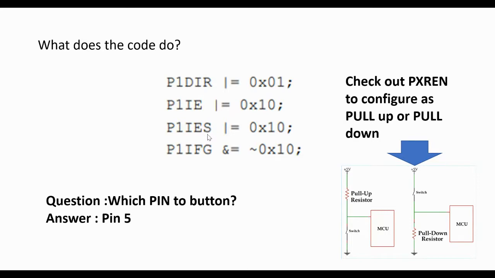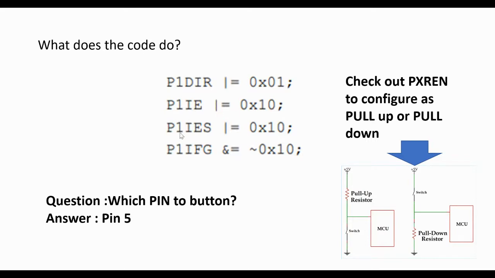And this is the interrupt flag. Whenever there is an interrupt, the flag will be on. So in your code you need to reset this flag. I need you guys to study this, very important. Study it in the book.